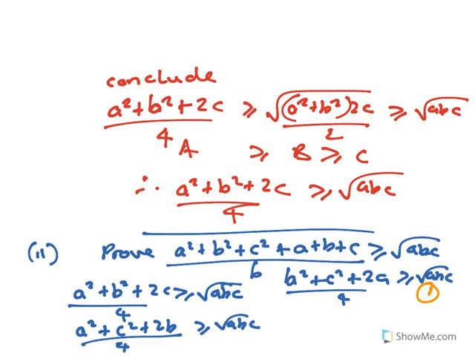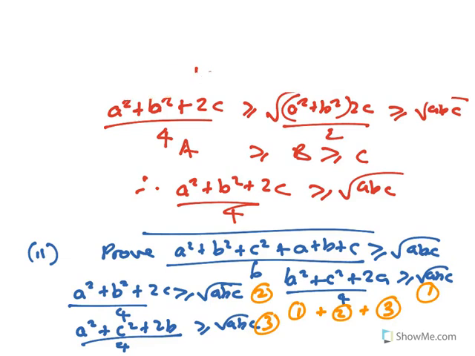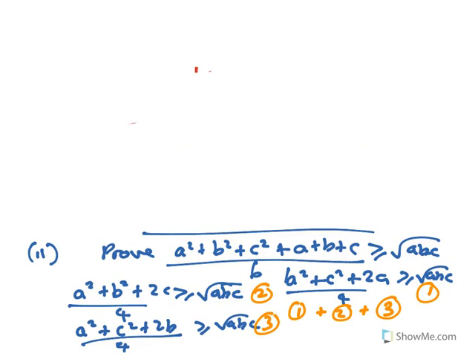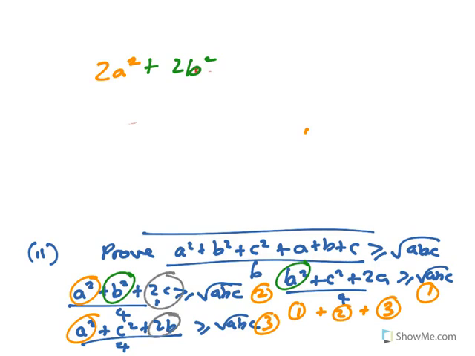So if I take each of these and add them together, 1 plus 2 plus 3, then what I end up with is 2A squareds, 2B squareds, 2C squareds, and 2C, 2B, and 2A.